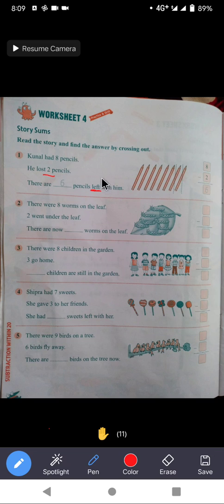It means we need to subtract here. When this word comes in a question, you need to do subtraction. So in total how many pencils does Kunal have? 8. Then he lost 2 pencils, so we will cross out to subtract.